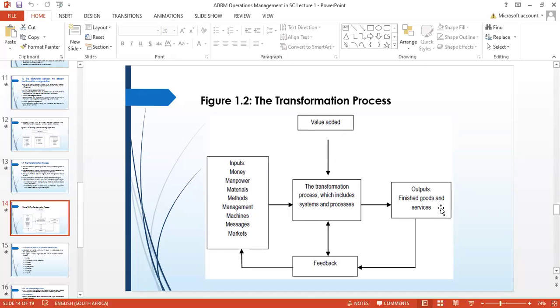And after the consumers have used the output, the business is going to get feedback, whether the consumers were satisfied with the product or not. Was it of good quality, poor quality? The feedback comes back. It goes to the transformation process. It goes to the inputs. So that, okay, the product was of poor quality.